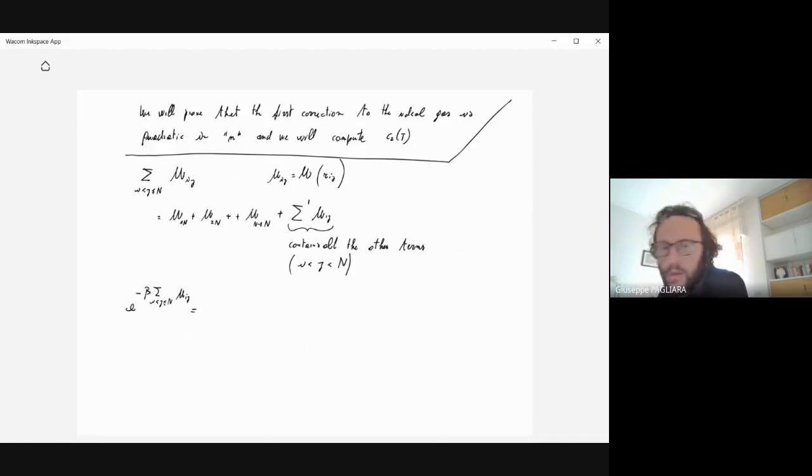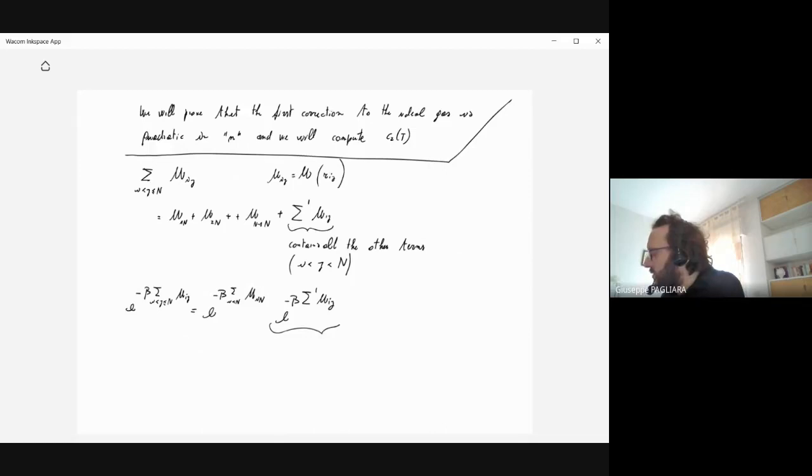I can therefore write this exponential as the product of two exponentials: e to the minus beta sum i less than n of u_in, where I'm again singling out the interaction between all the particles and particle n, times e to the minus beta sum prime of the u_ij.